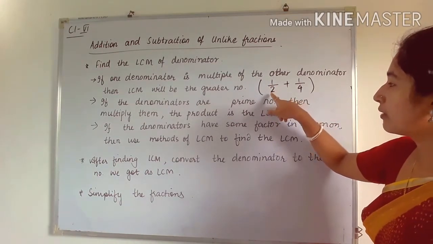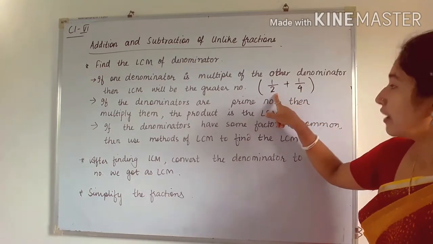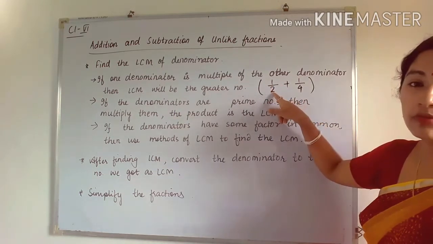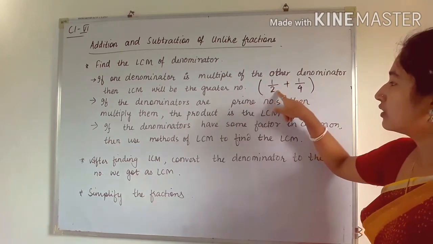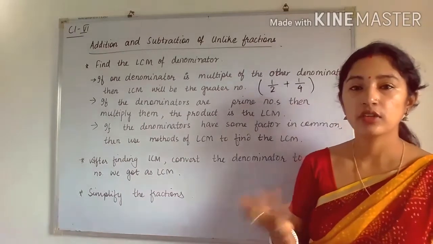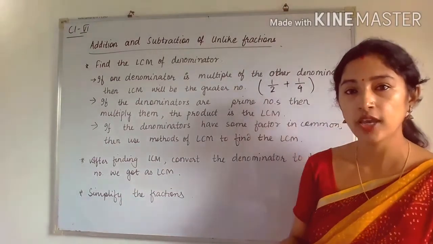By multiplying 2 in numerator and denominator, we can easily convert this fraction so that the denominator becomes 4. Then both fractions become like fractions, and we have already discussed in the last lecture how to add or subtract like fractions.